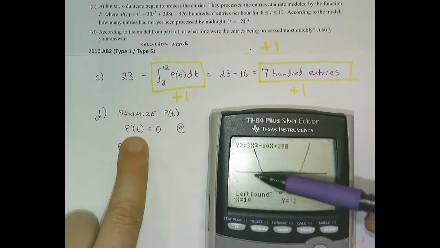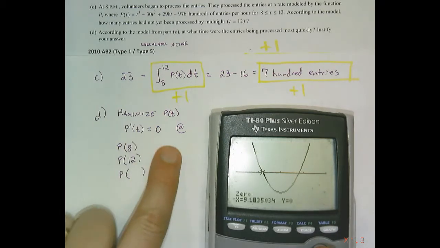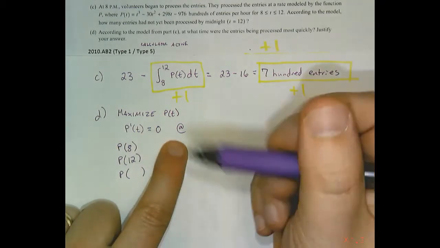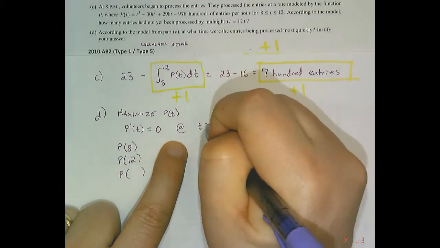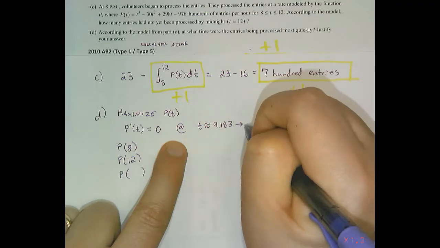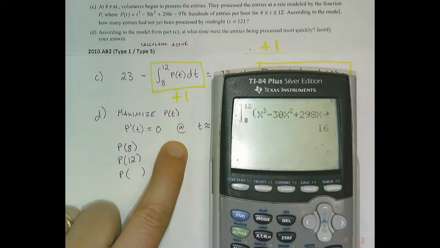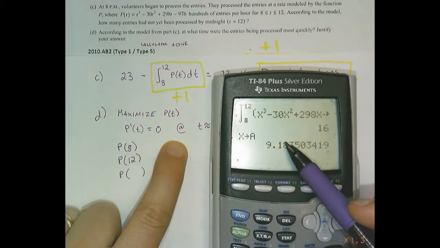This looks like around 9.2, so we'll go from 9 to 9.5 and move our cursor to about the guess, 9.183. So t is approximately 9.183, which I'm going to store as the letter A. So we can press second quit, X store as A. So now it's stored in A for me.